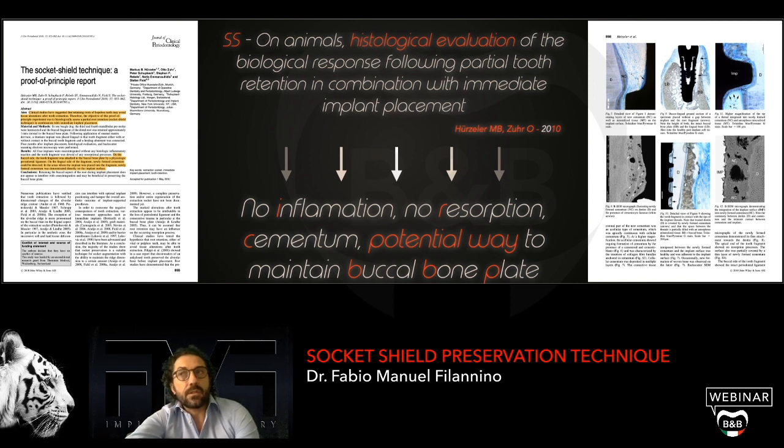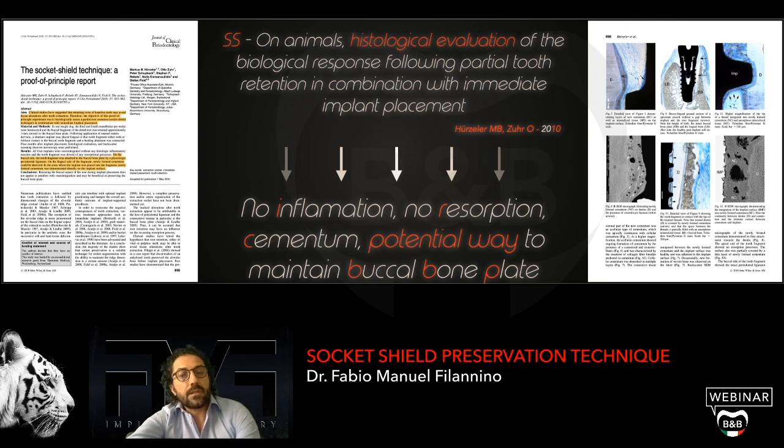They saw histologically that between the shield and the implant there was bone formation and cement formation in the internal area of the shield, and when the threads of the implant were in contact with the shield, the cement was growing on the titanium surface also.